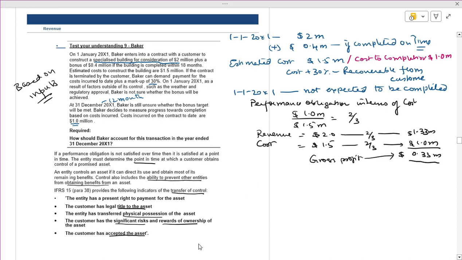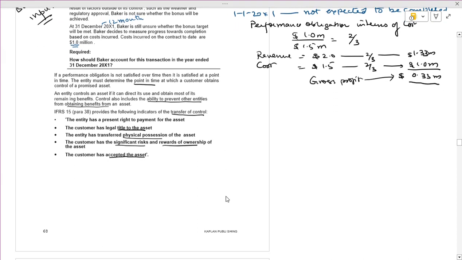Fine, very simple. See what happens. I'm buying the asset. When I'm buying the asset, I will have the right to pay for it. Sometimes that is how things work.